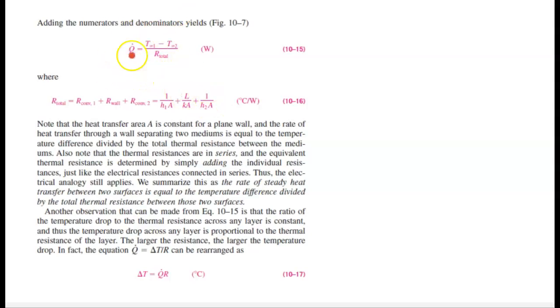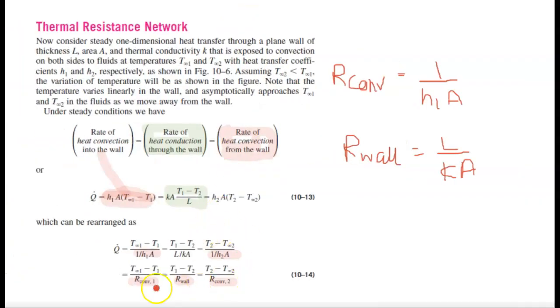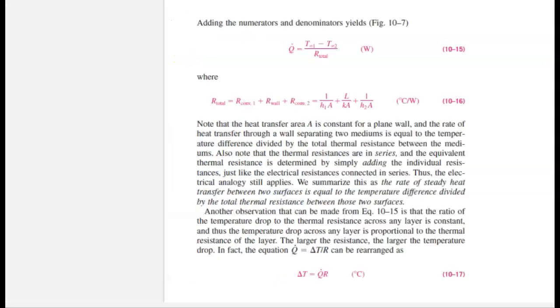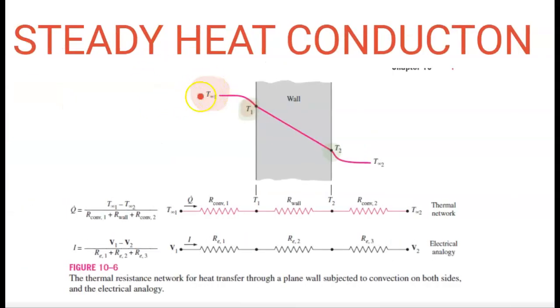Now, if I add all the numerators and the denominators together, I can say R convection plus R wall, and that is the total R. So I can call that one the total R, and on the top I can call T infinity 1 minus T infinity 2, which is the difference between this one and that one.